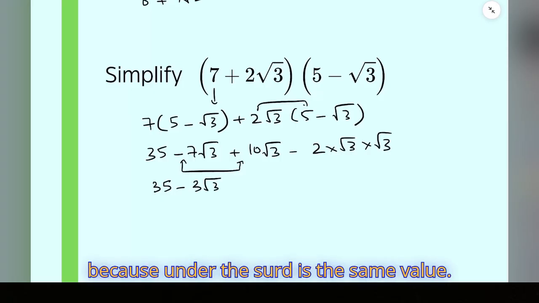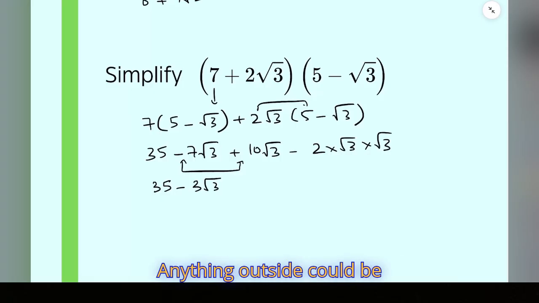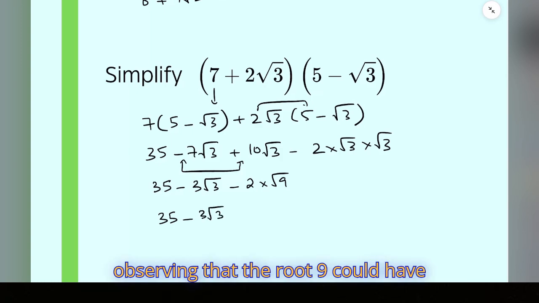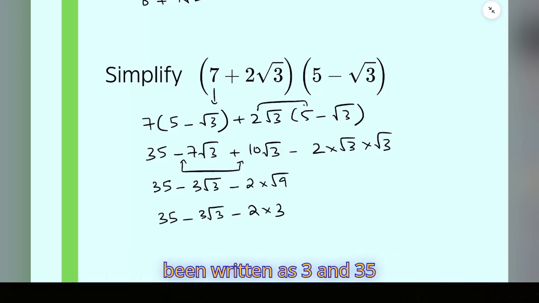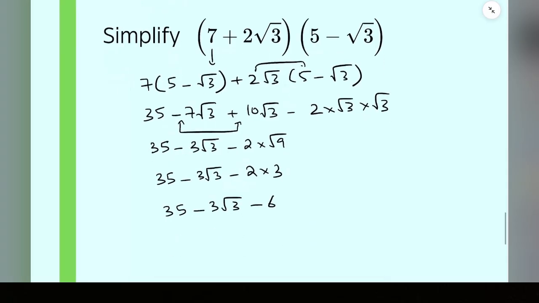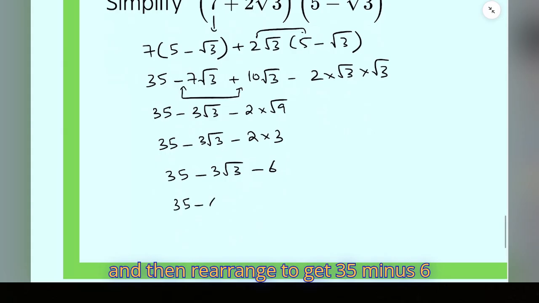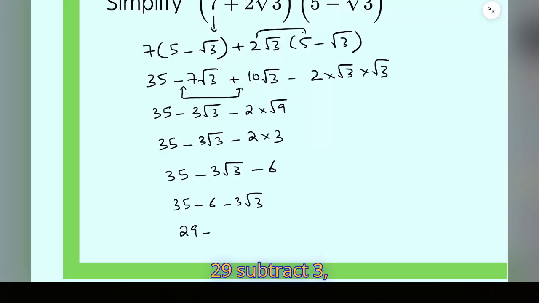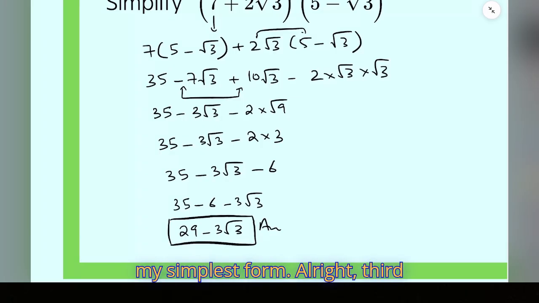Because the value under the surd is the same, anything outside can be subtracted or added the way it's done, and then minus 2 times root 9. Please observe that root 9 can be written as 3, so 35 minus 3 root 3 minus 6. Rearranging, I get 35 minus 6 minus 3 root 3, which is 29 subtract 3 root 3, and that is my simplest form.